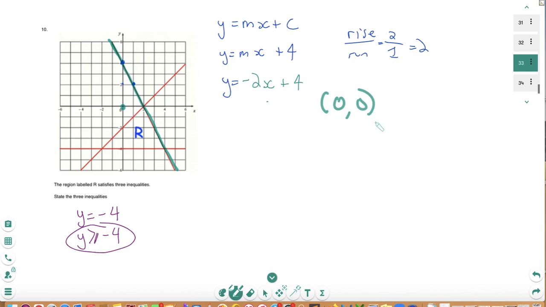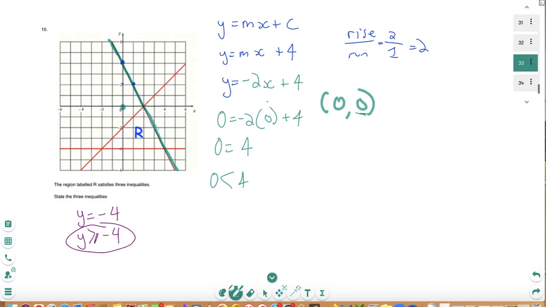So what's the y coordinate? Well, it's 0. So 0 equals -2 times, well, our x coordinate is also 0, plus 4. Simplify it: 0 equals -2 times 0 is 0, plus 4 is 4. Which number is bigger? 4 is bigger, so 4 is bigger than 0.